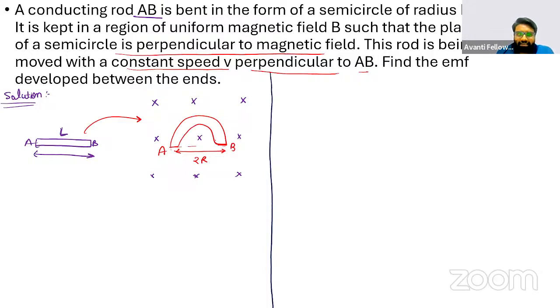So this is the line AB, and perpendicular to it velocity v is given to this point, okay.